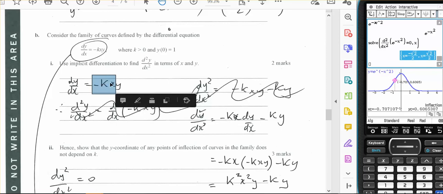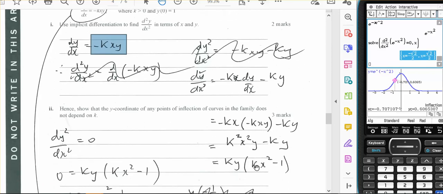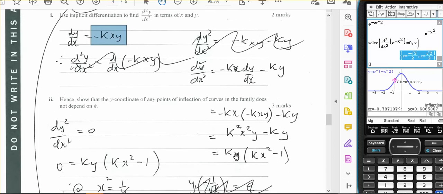Then the derivative of minus kx is minus k times y. And I have replaced my dy/dx with this expression for dy/dx. So that goes where dy/dx is in here, and then I've taken out common factors.